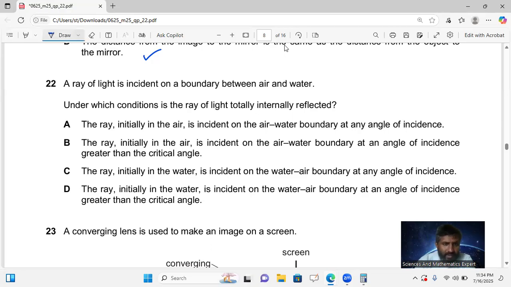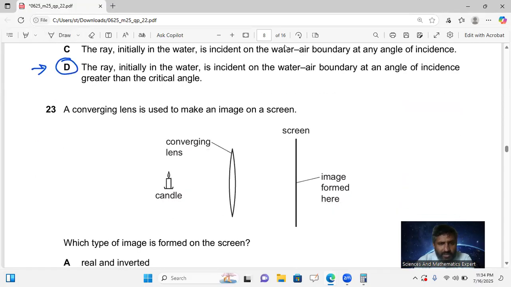So option D is fine for it, according to the definition of total internal reflection.